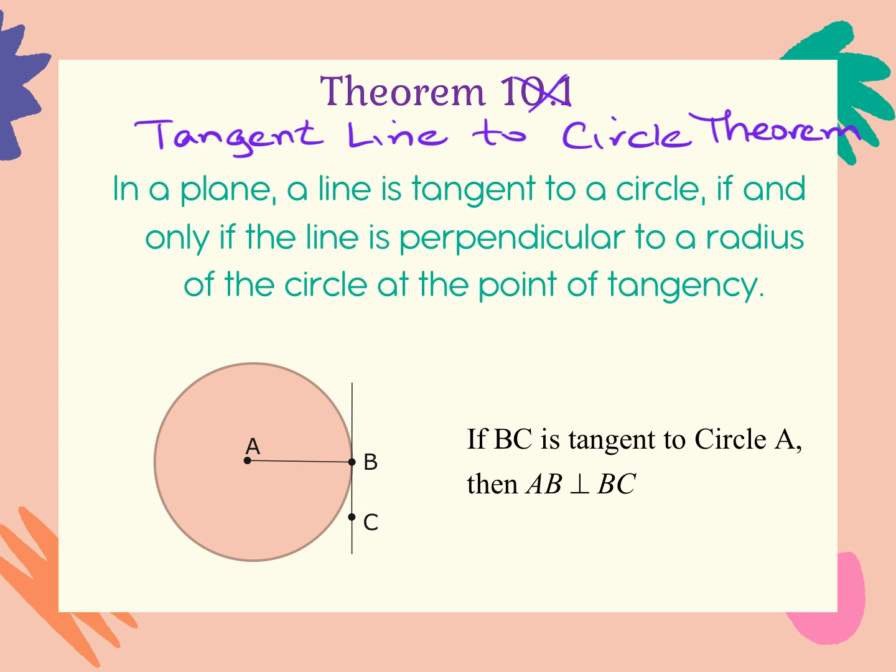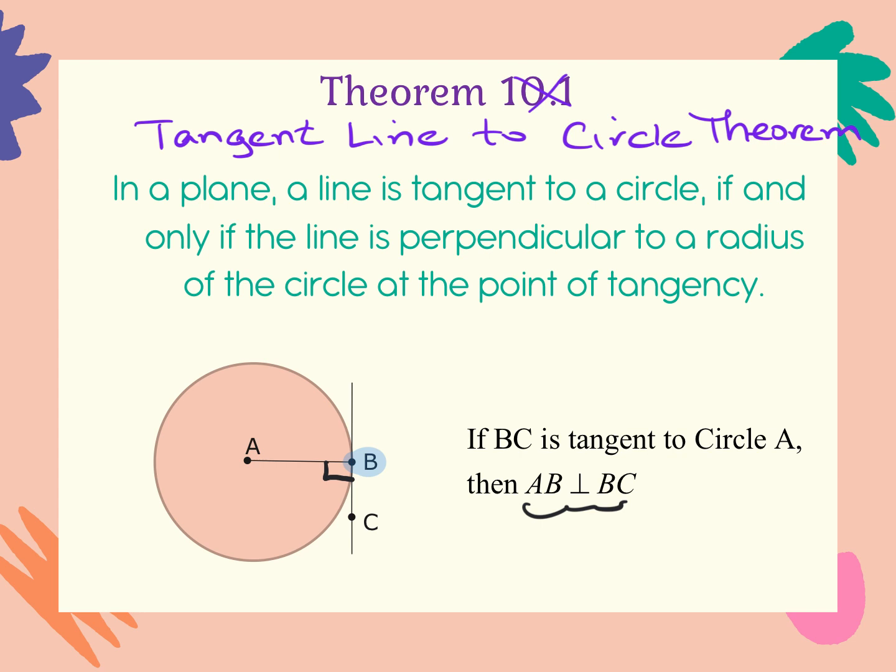So in my picture here, B is my point of tangency. And notice, in order for BC to be a tangent line, I would have to see a right angle here indicating that AB is perpendicular to BC, or they'll be giving it to you like it's written here.